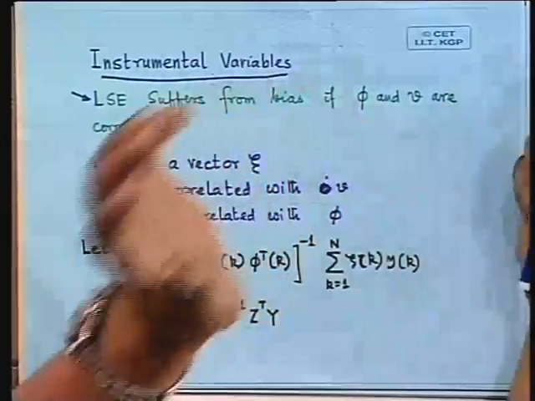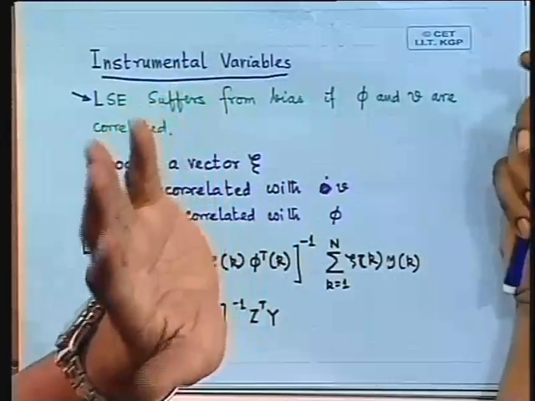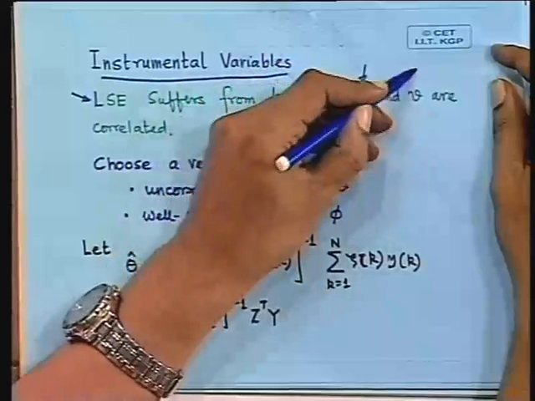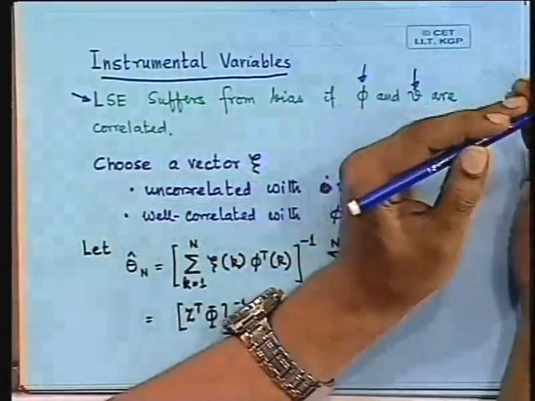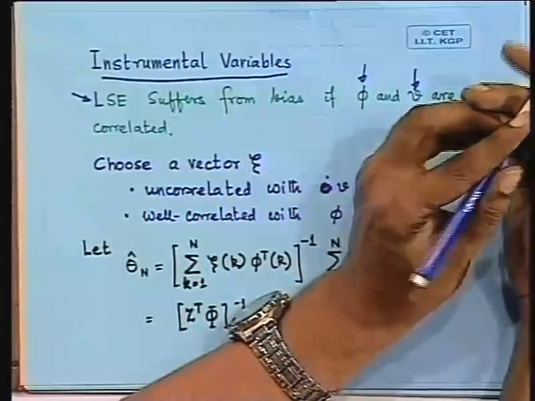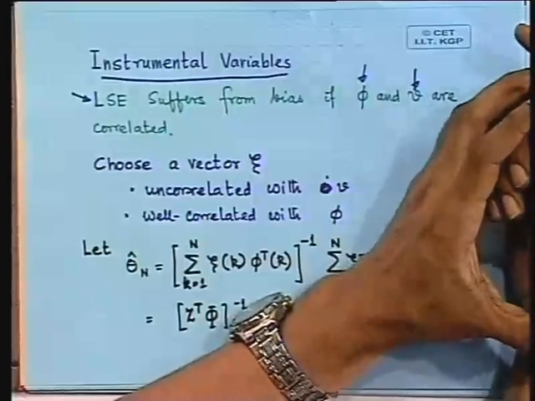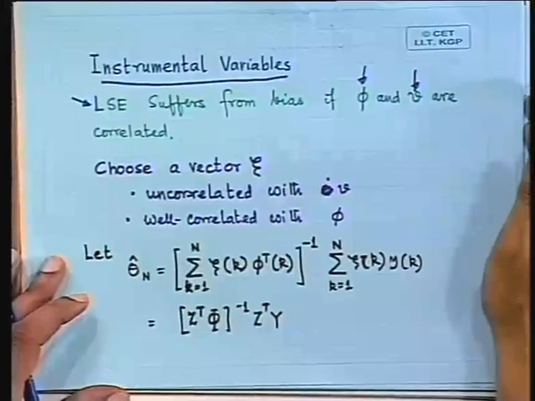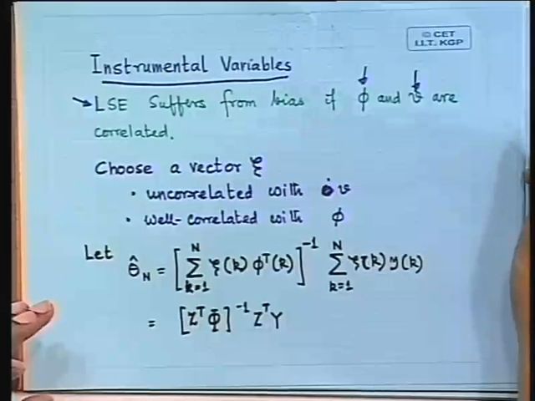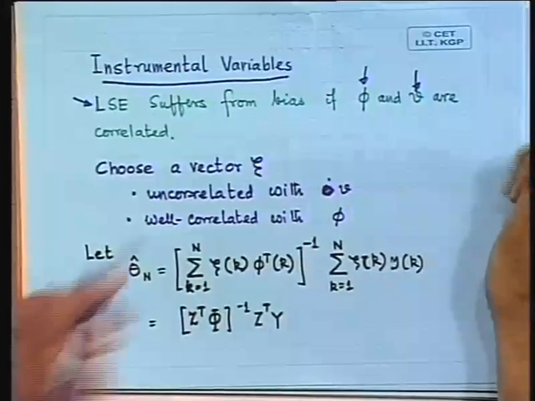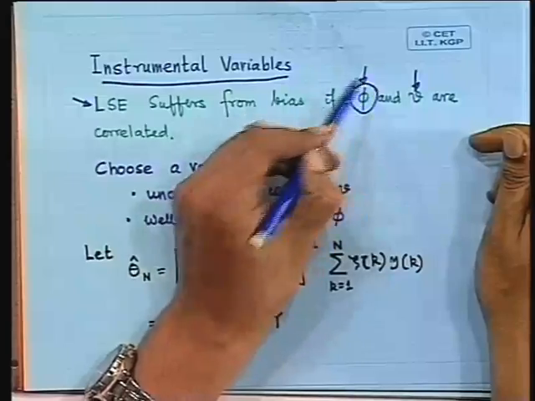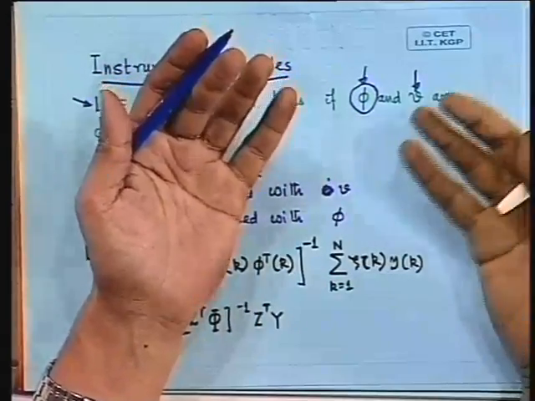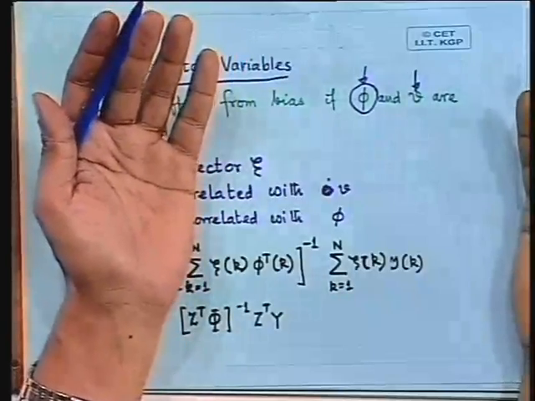We have seen that the least square algorithm gives an unbiased estimate only when the elements of phi and the elements of the error v are uncorrelated. If they are correlated, it will tend to bias, right? So now the question is, how can they be made uncorrelated? If it so happens that phi and v are correlated, what do you do? Because if you use least square, you will get a biased parameter.